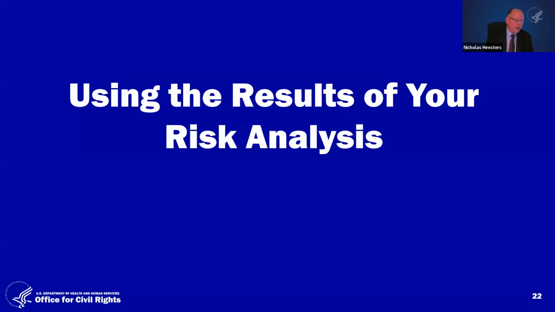Maybe to touch on a couple other ones that we've seen, just more generally. The requirement is to do the risk analysis, to conduct it in an accurate and thorough manner. So when OCR is reviewing the risk analysis documentation, we are looking to determine if the risk analysis has been done in an accurate and thorough manner with respect to all the organization's ePHI.